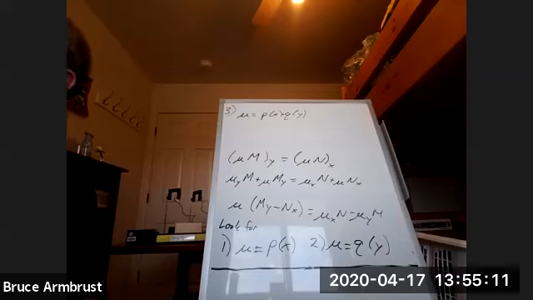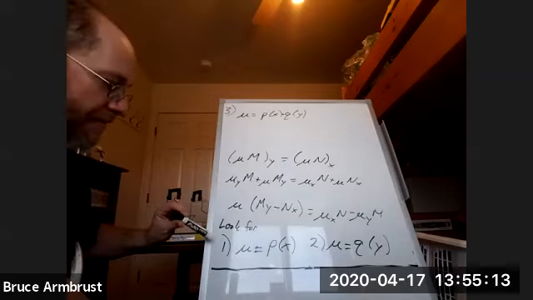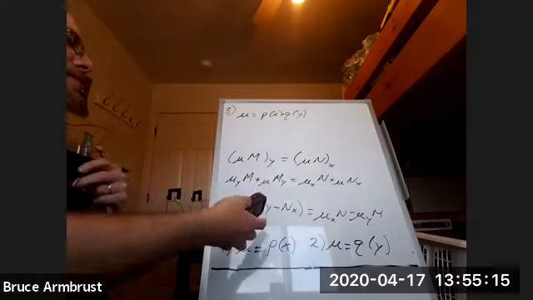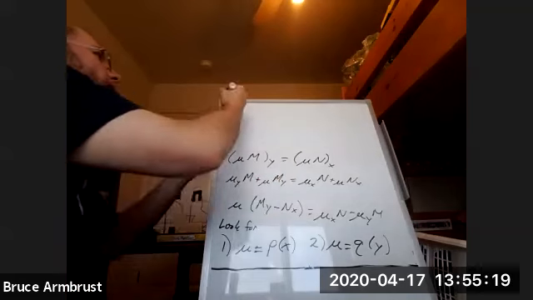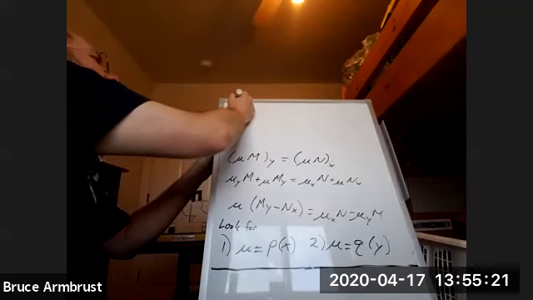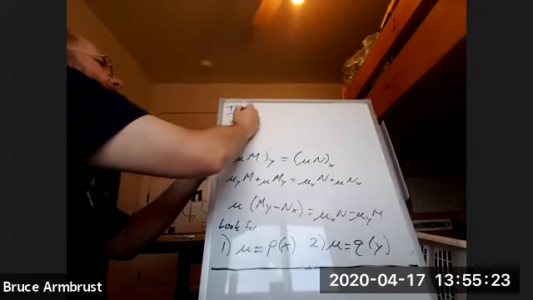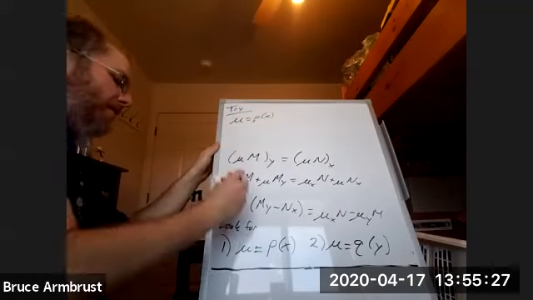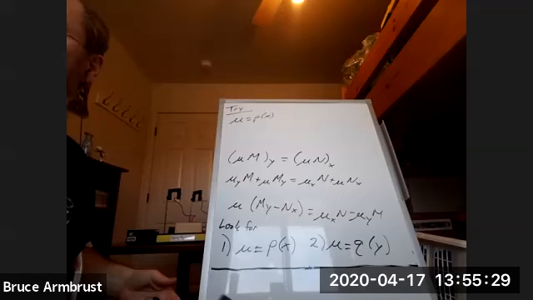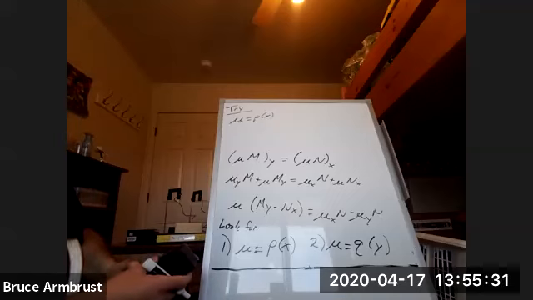All right, so let's assume case number one. We're going to try mu is a function of x, so I'm just going to write it as mu of x.